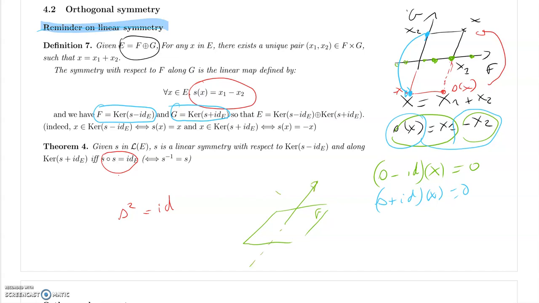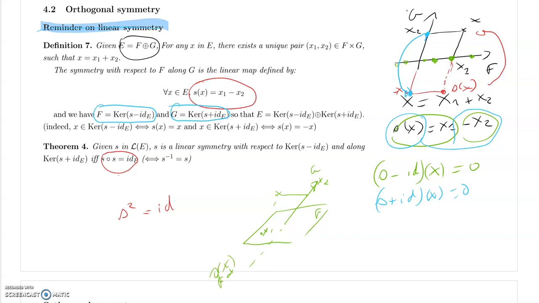Again, you have the projection on the direction of G, and that gives you the x1 and the x2, and so you can make the symmetry with respect to F along the direction of G. That would be S of x.